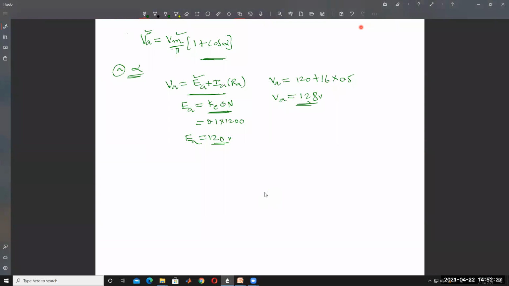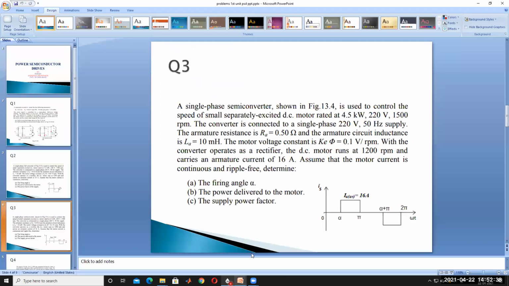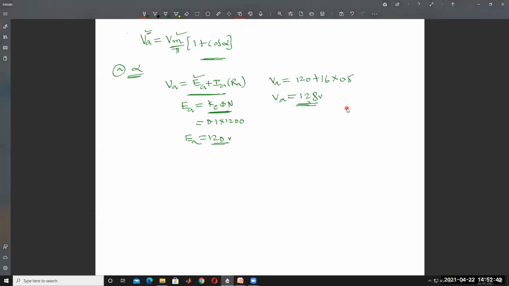So verify whether it is right or not. Substitute here, your VA is known. The VM is 220 into root 2, since 220 volts is given. So from this relation, 128 is equal to 220 into root 2 divided by pi, into 1 plus cos alpha.